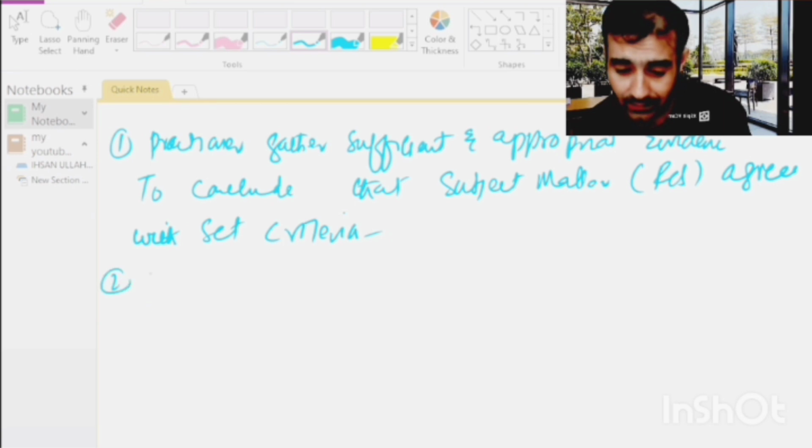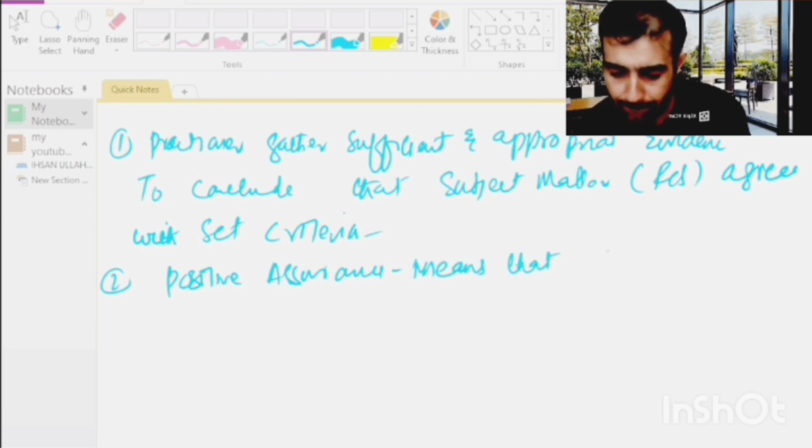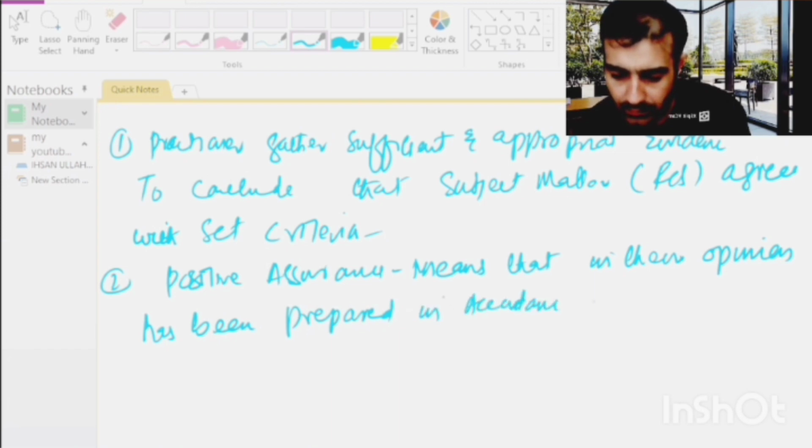The other thing in reasonable assurance is that it will give positive assurance. This means that in the auditor's opinion, the financial statement has been prepared in accordance with the criteria required.